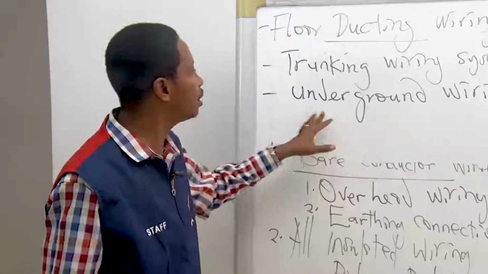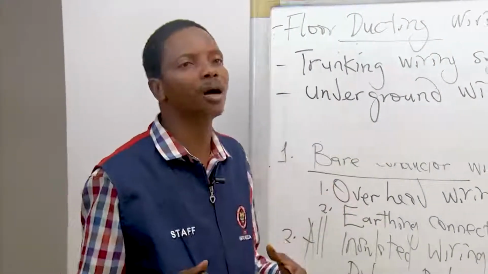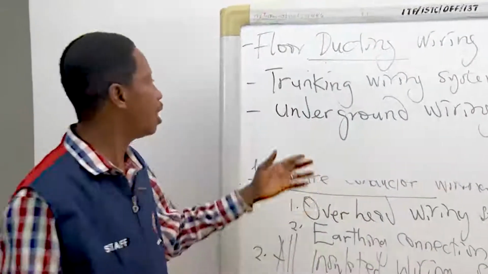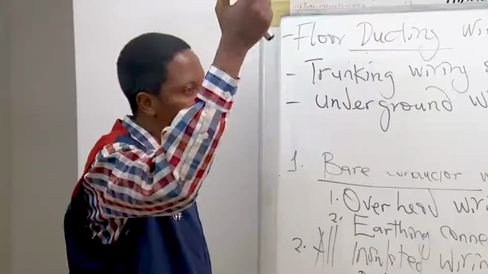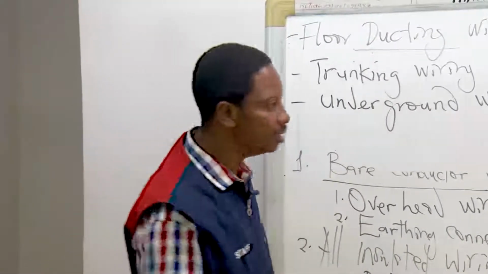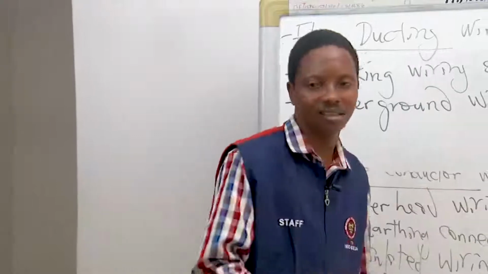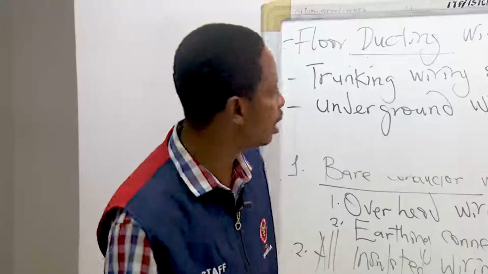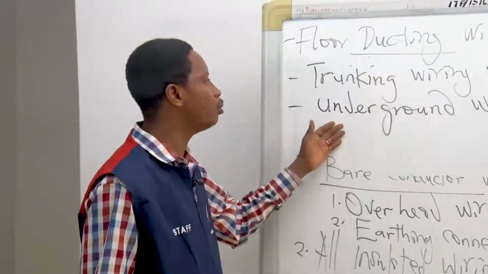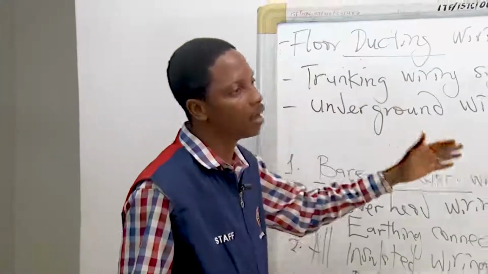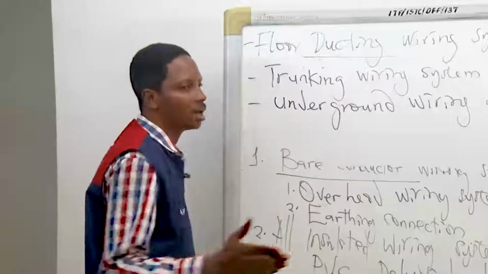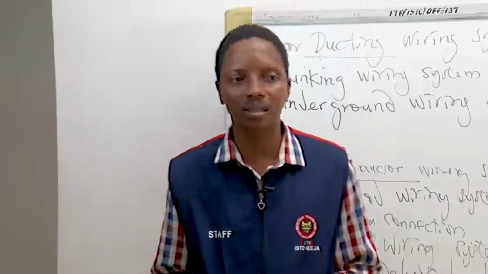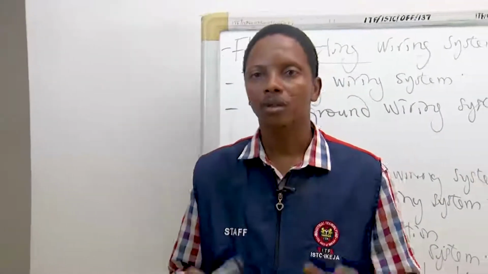Now, in underground wiring system, we are talking about armor cable. Here, armor cable are used. So the system is underground. Unlike overhead, the cable are laid inside the ground. That is why we have armor cable, underground wiring system. Now, these are the types of wiring system that we have.